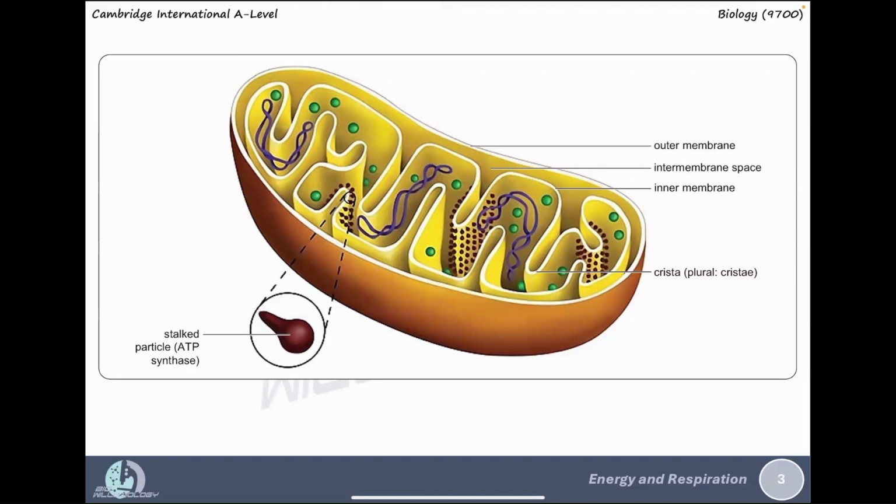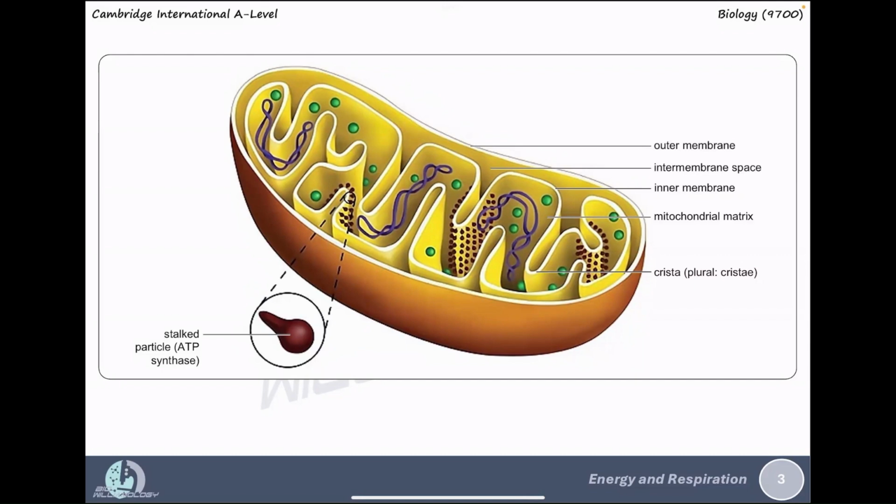ATP synthase catalyzes the formation of ATP. The inner region is known as the mitochondrial matrix, enclosed by the mitochondrial inner membrane.